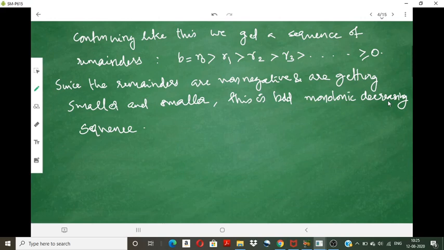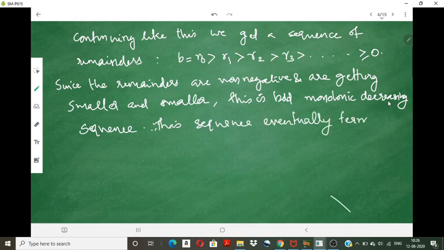So this must be convergent, and since the values are getting smaller and smaller, this sequence must converge, or eventually terminate, to 0. Therefore this sequence will eventually terminate. That means it will terminate with the remainder as 0.